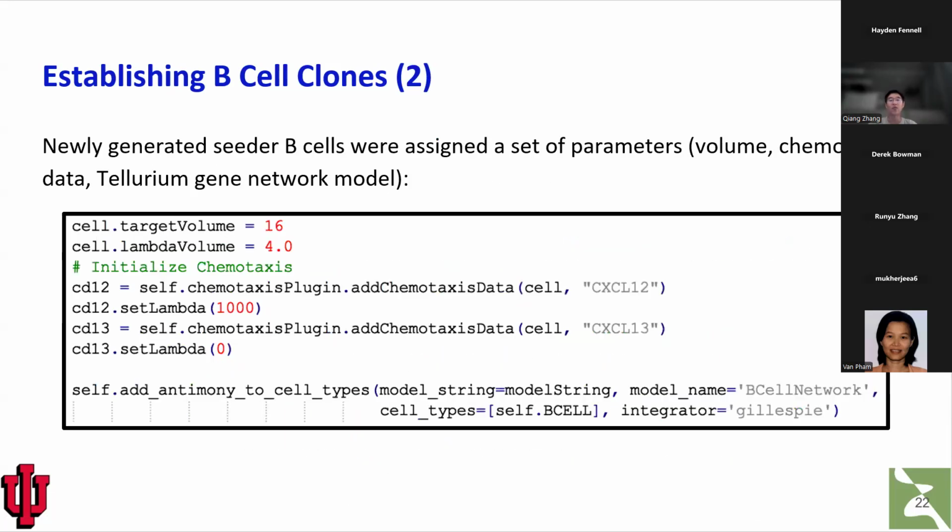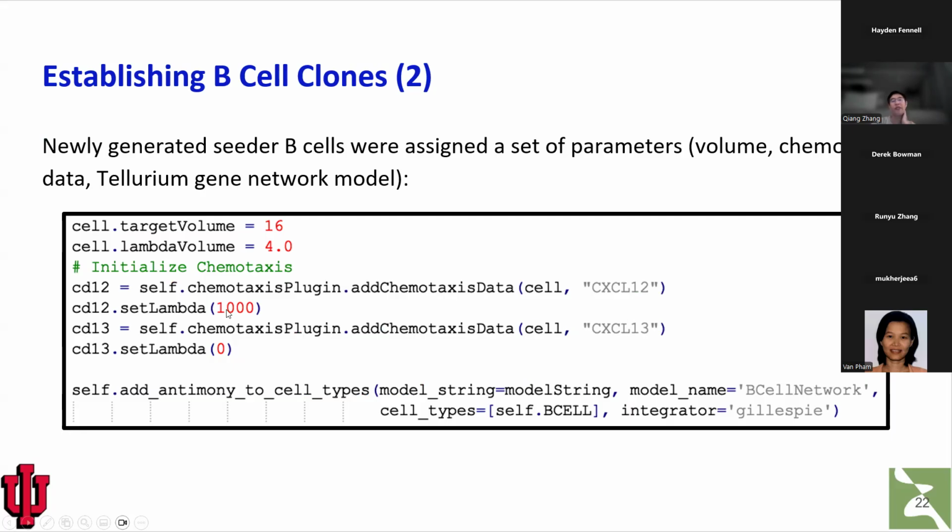And then the next thing is, when a B cell is being born, you want to initialize it with a target volume and also the lambda volume parameters over here. Because these B cells need to respond to the chemoattractants CXCL12 and CXCL13, you also assign chemotaxis using the chemotaxis plugin to these cells once they're generated.